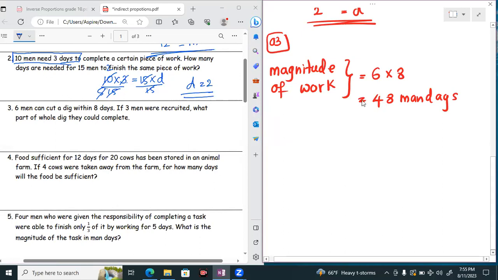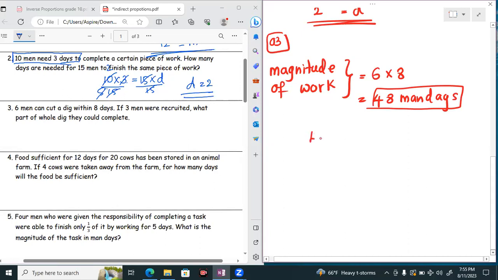Now there are 6 men, then it is 8 days. If there are 3 men, what happened? Now this equals 48. Here we get this work as 48.